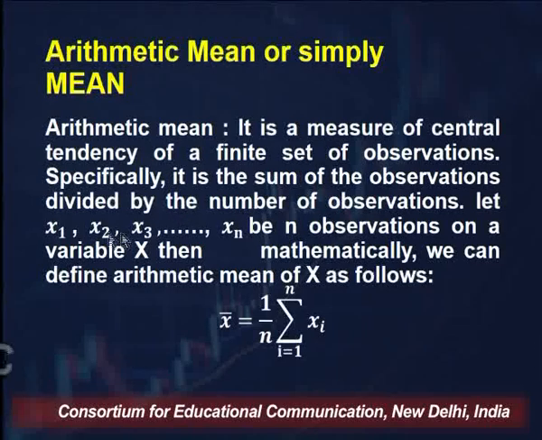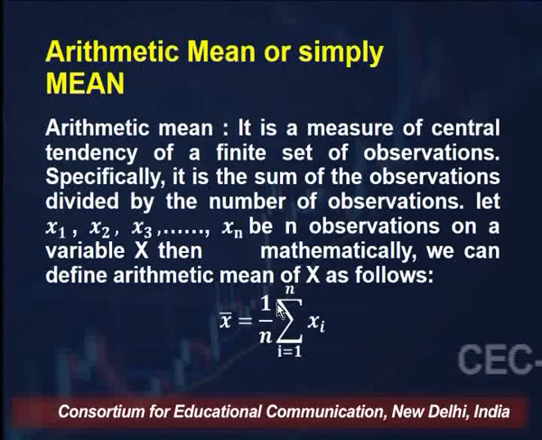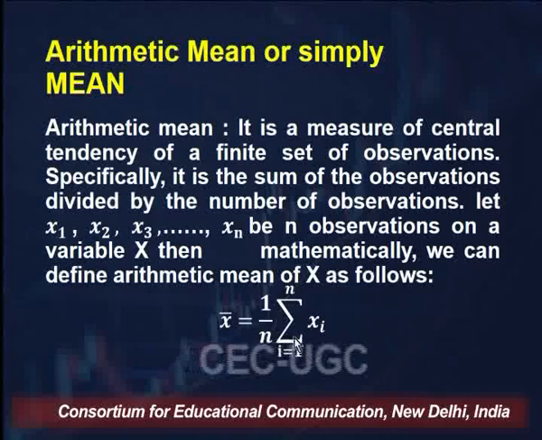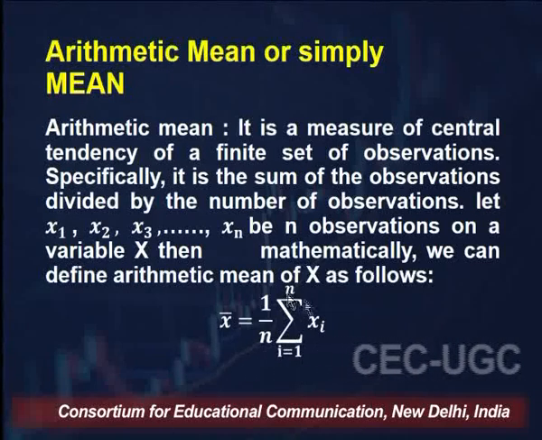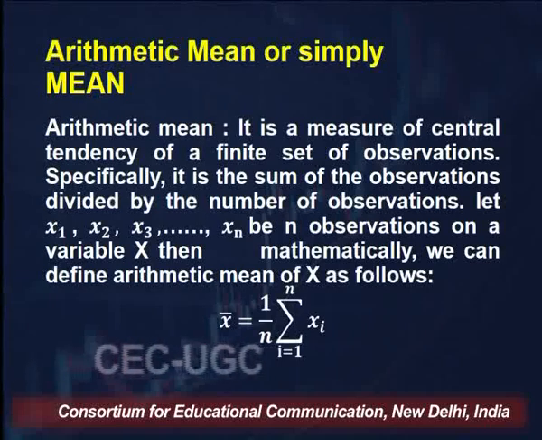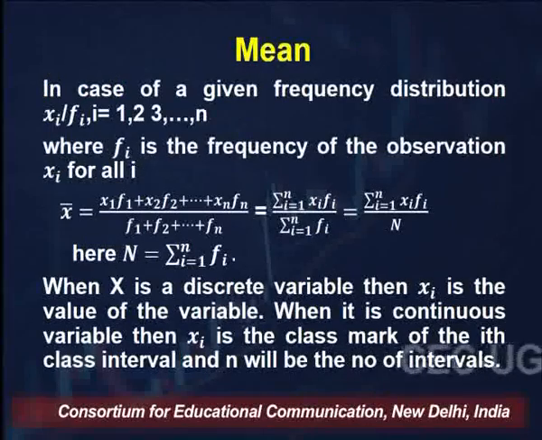So, we will denote the observations by x1, x2, x3 and so on, and then my x bar is given by the sum of the observations, which is sigma i equal to 1 to n xi by small n. I hope now you understand what this sigma i equal to 1 to n xi means. It means x1 plus x2 plus x3 and so on plus xn upon the total number of observations, which is n.